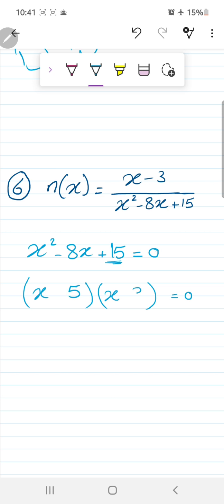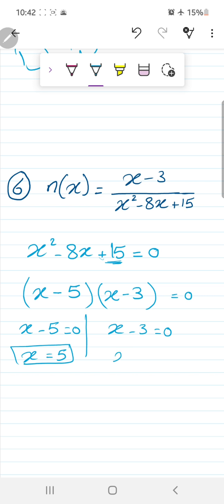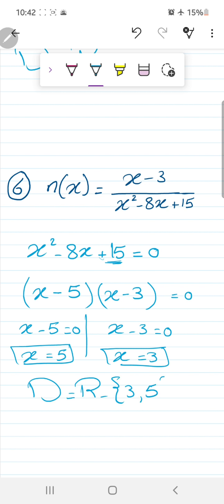Here the middle term is negative, so both signs are negative. Either x minus 5 equals 0 or x minus 3 equals 0. So x will be 5 or x equals 3. So the domain here will be R minus 3 and 5.